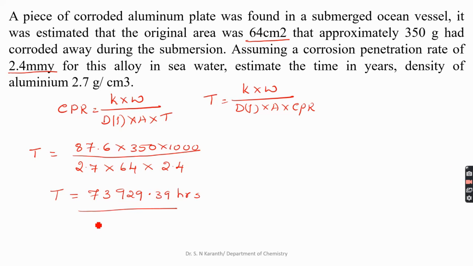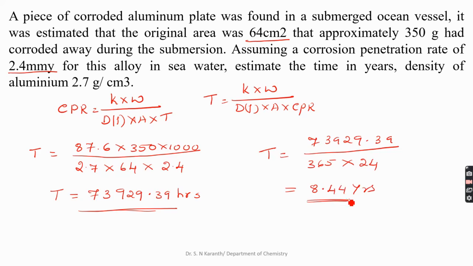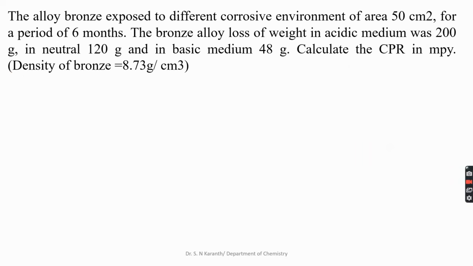So the time T should be changed to years. 73,929.39 divided by 365 into 24. So that is 8.44 years. Okay, so that particular metal undergoes corrosion with a penetration rate of 2.4 Mmpy over 8.44 years.